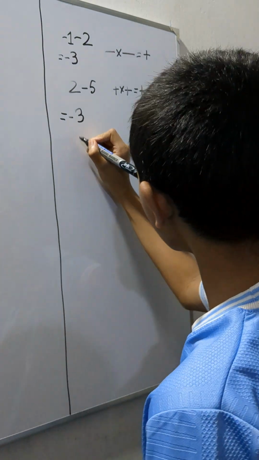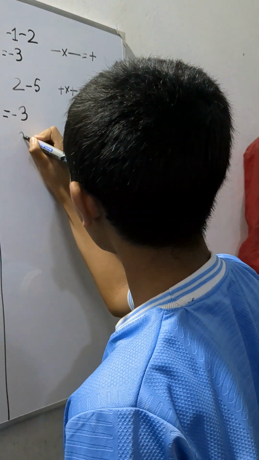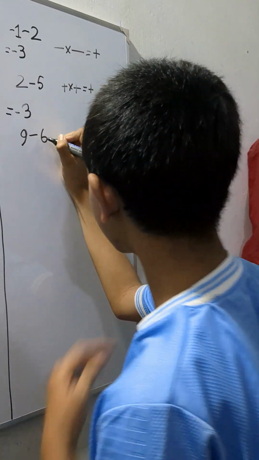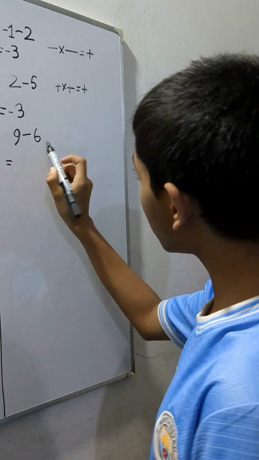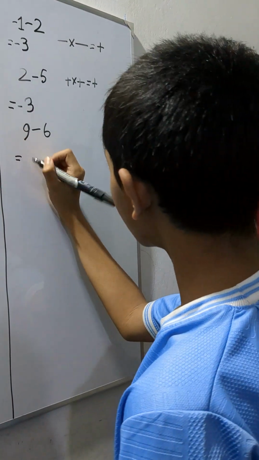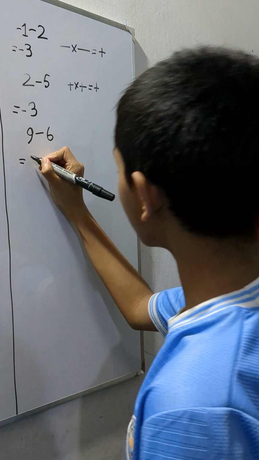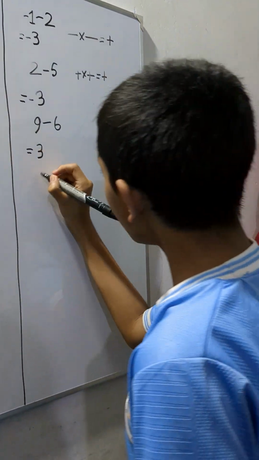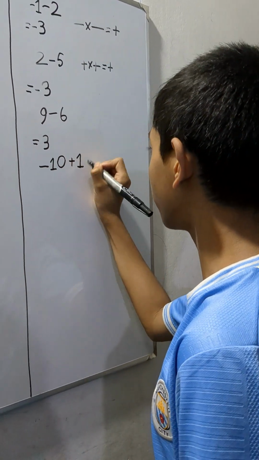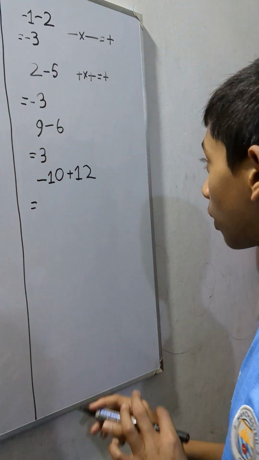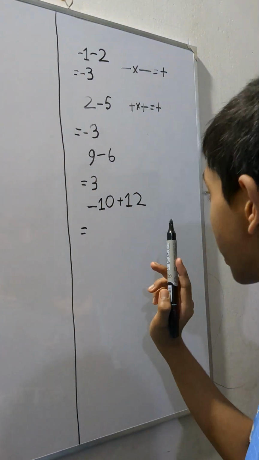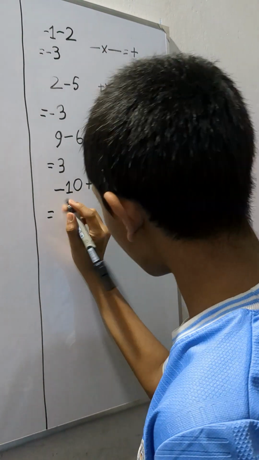I'm showing you another math, like 9 minus 6. These are common maths. Here 9 is bigger than 6, so the answer will be in plus, and we know here the answer will be 3. So if here is minus 10 and plus 12, 12 is bigger than 10 and 12 consists of a plus sign, so our result will be in plus.